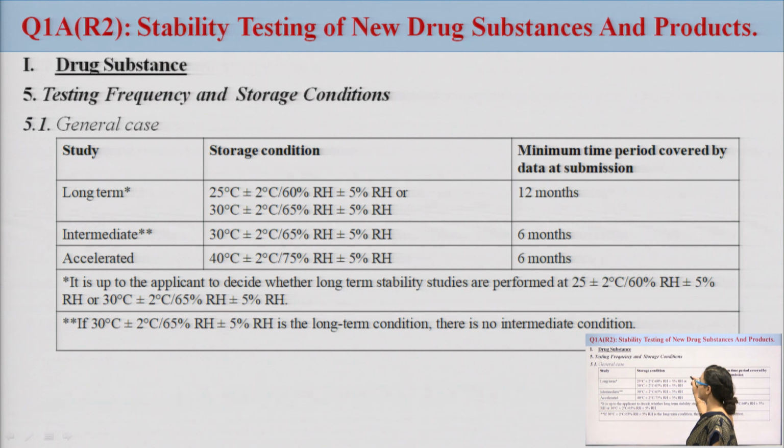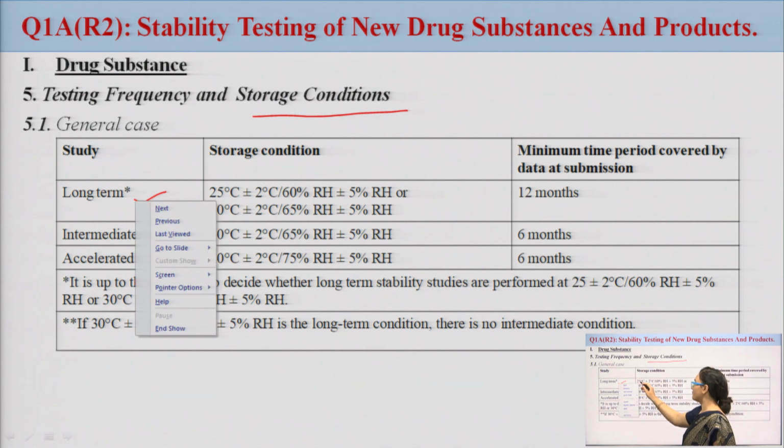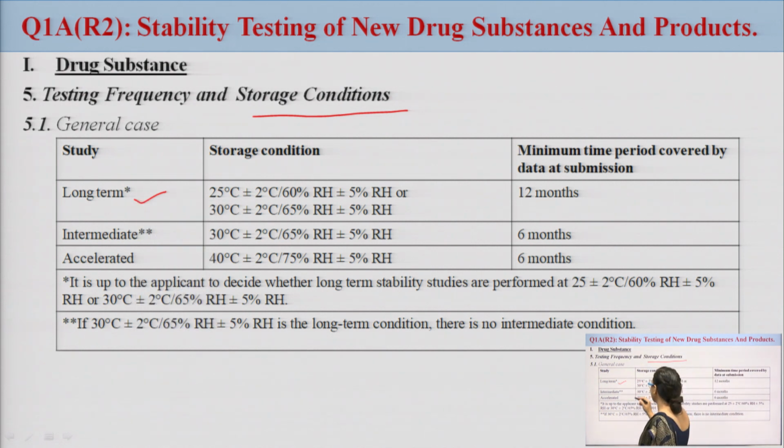Here is the testing frequency and storage condition. So in general case, for long term study, the storage conditions are 25 degrees Celsius temperature. Here 2 degrees Celsius variation is allowed, and 60% RH. Here 5% variation in relative humidity is allowed.